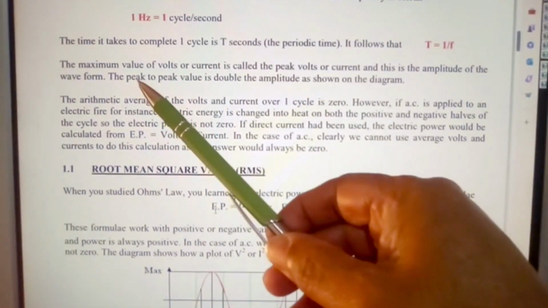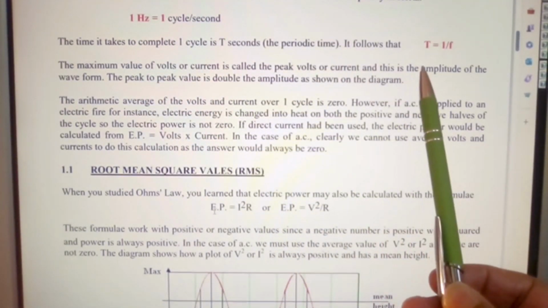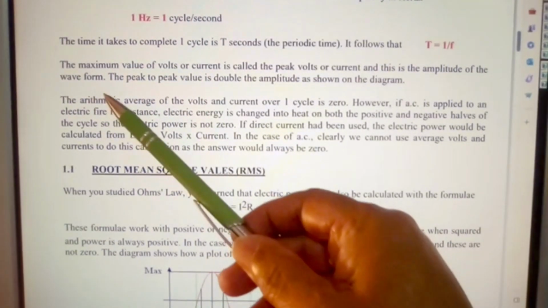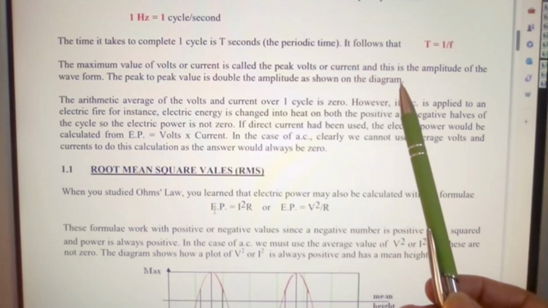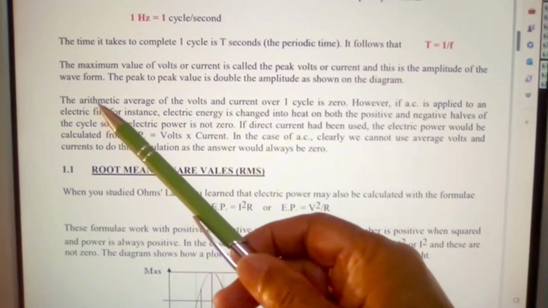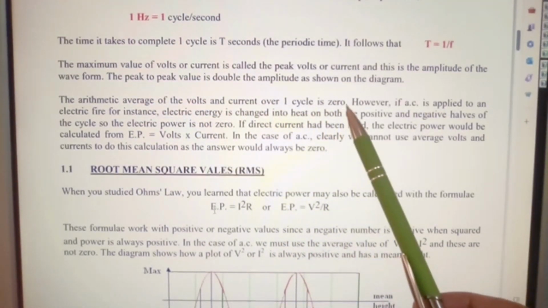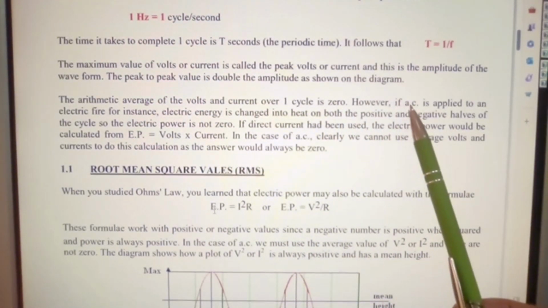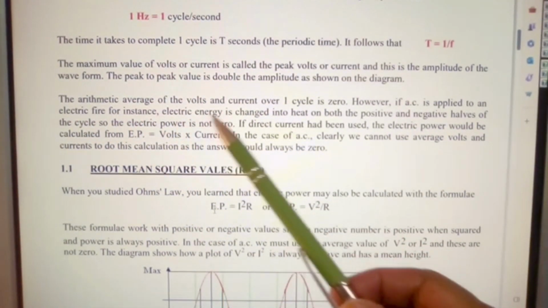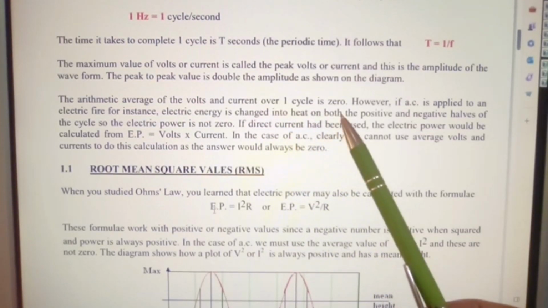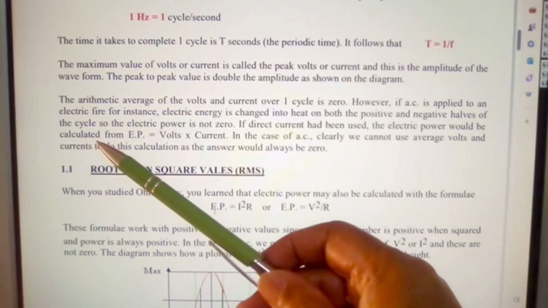Now the maximum value of volt or current is called a peak volt or current, and this is the amplitude of the waveform. The peak to peak value is double the amplitude as shown on the diagram. The arithmetic average of the volts and current over one cycle is 0. However, if AC is applied to an electric fire, for instance, electric energy is changed into heat on both the positive and negative halves of the cycle.